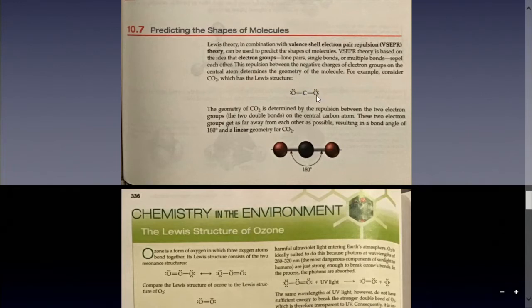They really don't want to be near each other. Why? Because remember, like charges repel each other. So try to put two negative sides of a magnet next to each other. They are going to be repelled by each other. And so they're going to naturally want to space themselves out as far away as possible, giving you a 180-degree angle here. It's a total straight line. This is a linear geometry for CO2.